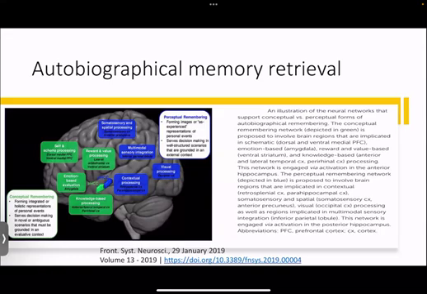Then there is emotion-based evaluation, which is done by amygdala. Then there is knowledge-based processing, which is done by anterior or lateral temporal cortex and perirhinal cortex. Then there would be perceptual remembering.